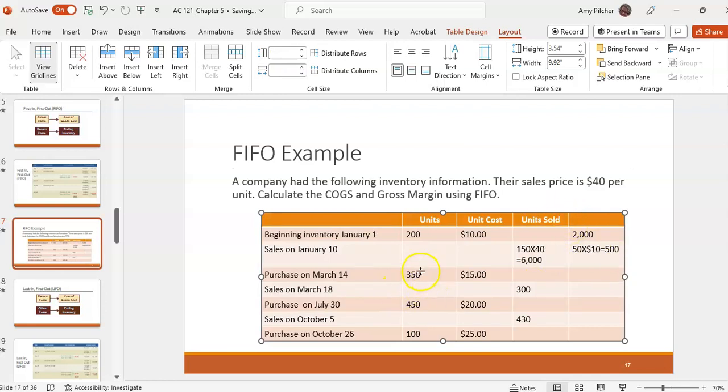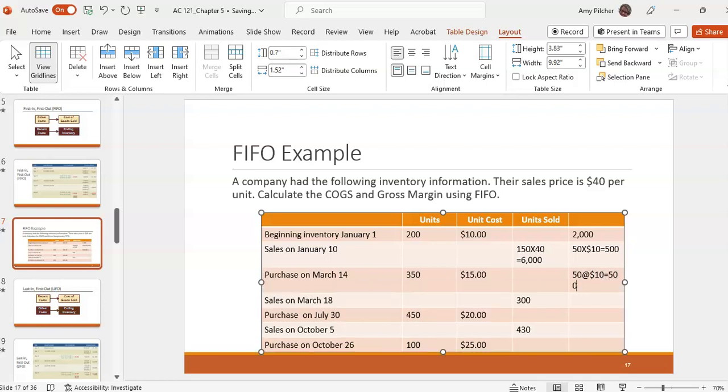We then purchase an additional 350 units at $15. So now we have 50 units, and we're doing FIFO, so we have 50 units at $10, which equals $500.